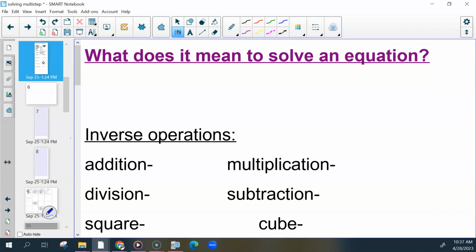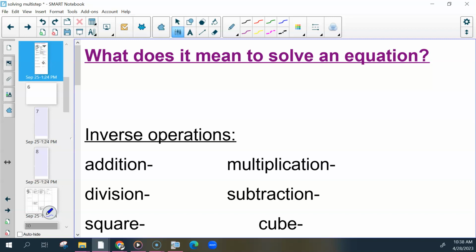And then what does it mean to solve an equation? More like how would I solve an equation in general? What would I do? You had some equation in front of you. What would you do? How would I solve?